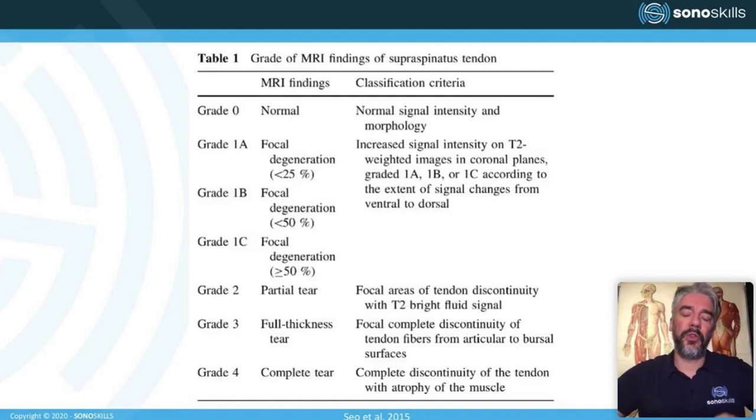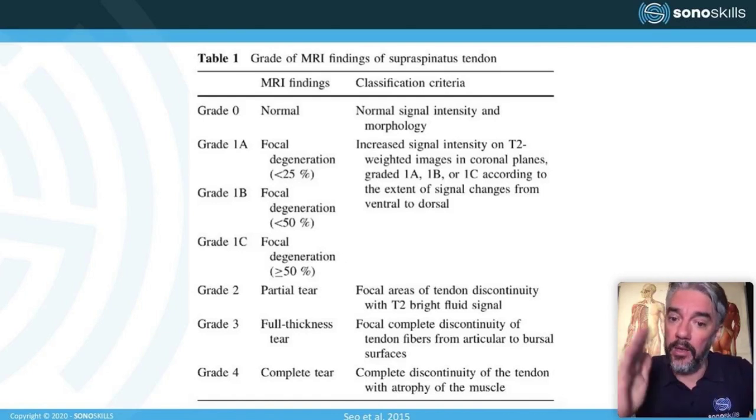For changes of the supraspinatus, there are several classification models, and this is one that is also being used in MRIs. Grade 0 is a normal tendon. Grade 1A, B, C is tendinopathy. So we have changes within the tendon structure, but no tearing.